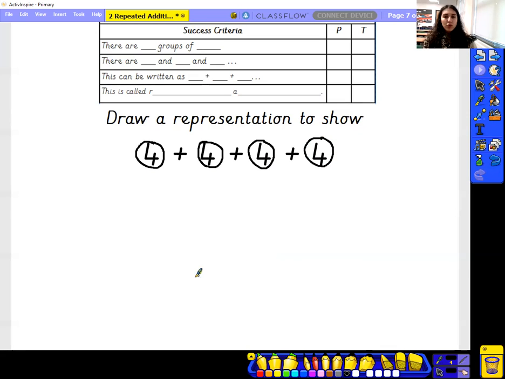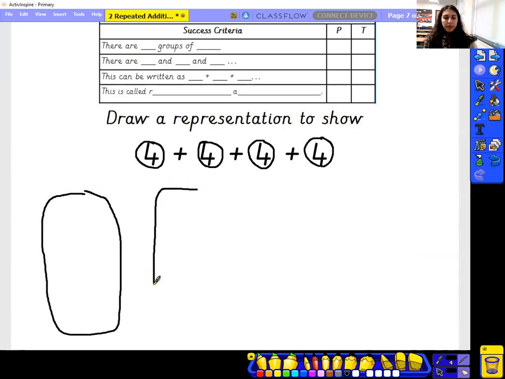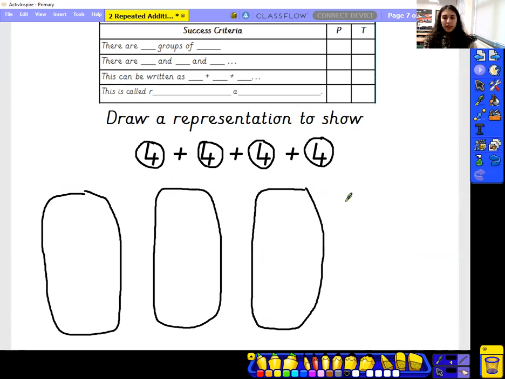That's right. So I might draw that by first of all drawing my 4 groups. 1, 2, 3, and 4. And I know that this represents a group of 4.